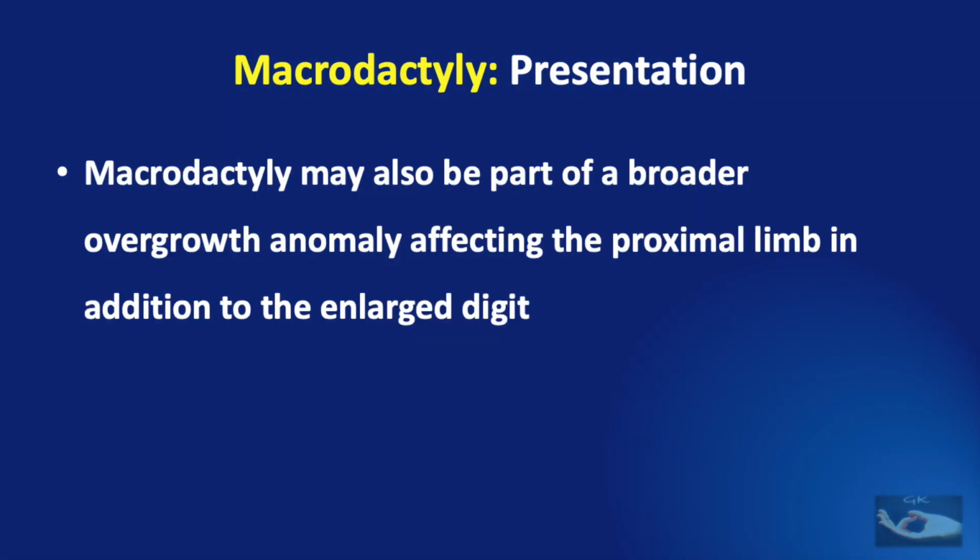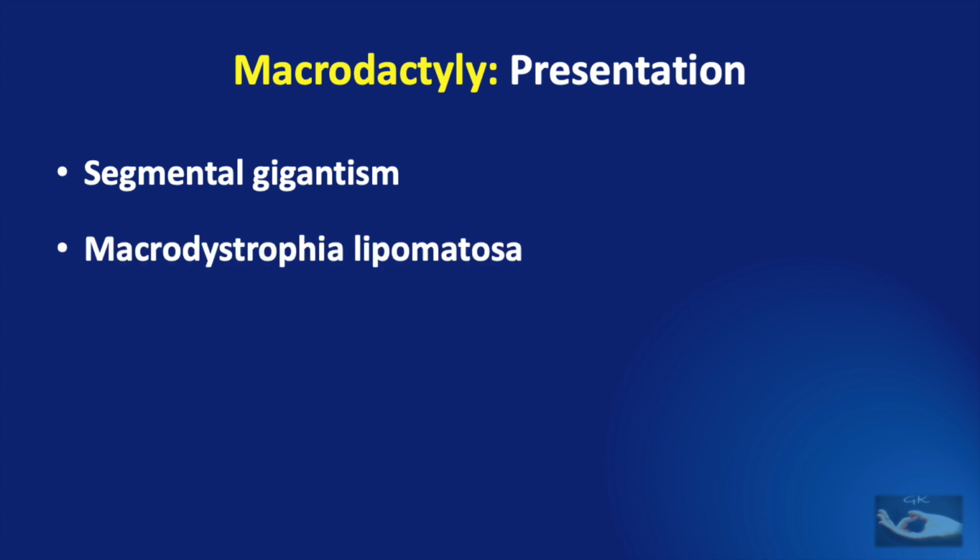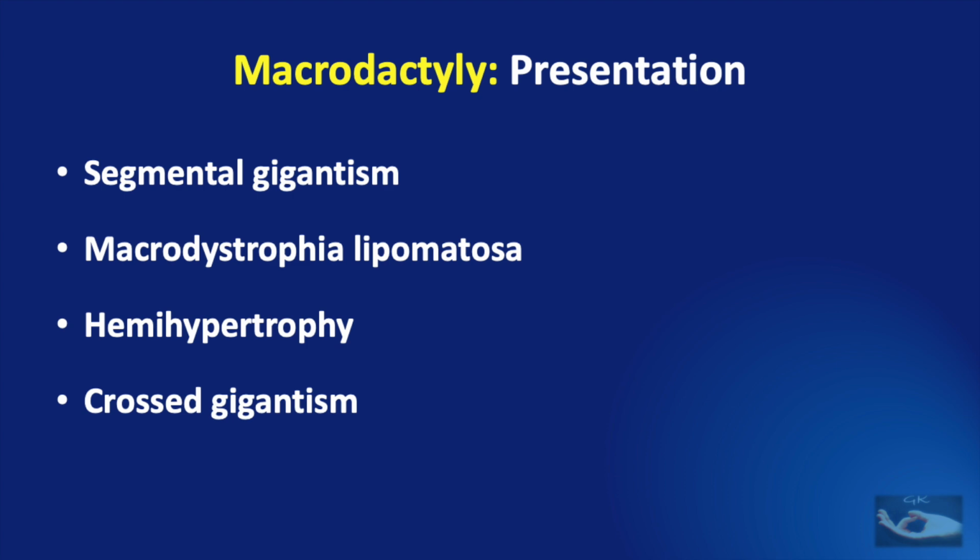Macrodactyly may be isolated or may be a part of a broader overgrowth anomaly affecting the proximal limb in addition to the enlarged digit. The proximal overgrowth may be segmental gigantism affecting only a part of one limb, macrodystrophica lipomatosa, which is associated with disproportionate and progressive adipose hypertrophy, hemihypertrophy affecting one side of the body associated with neurofibromatosis or Klippel-Trenaunay syndrome, or crossed gigantism affecting regions on both sides of the body.